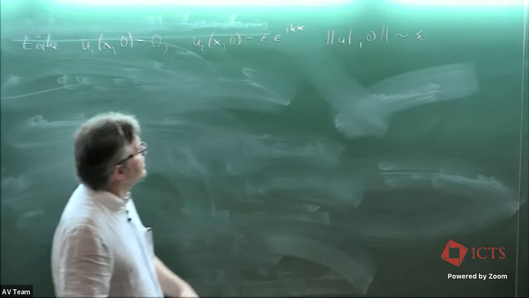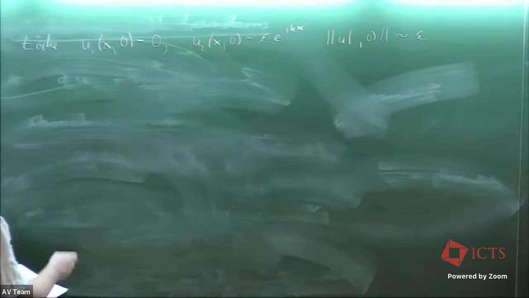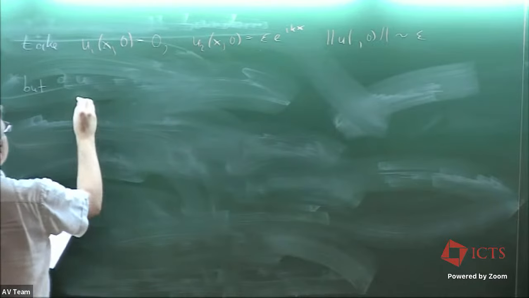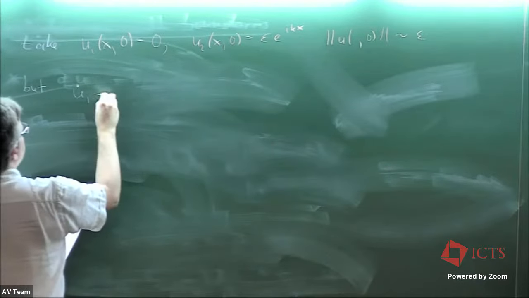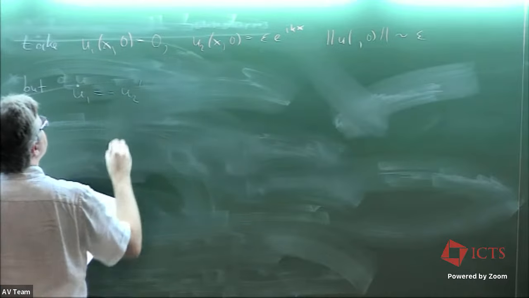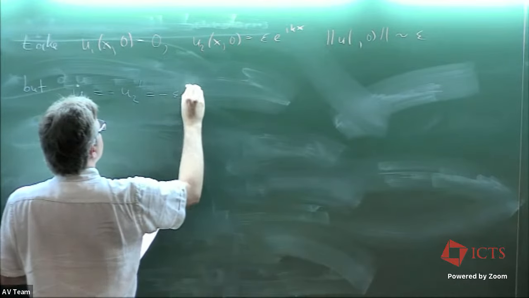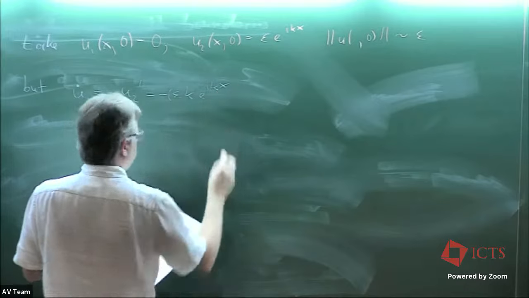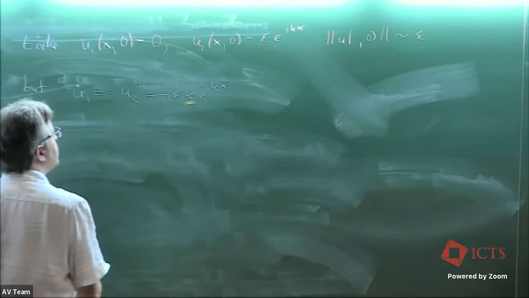So we have initial conditions with very small norm, but, and this is where the problem comes in, if I'm looking at the time derivative of u1, this is minus u2 prime, and so this is going to be minus epsilon k i e to the ikx. And the problem here is that the k is coming down.